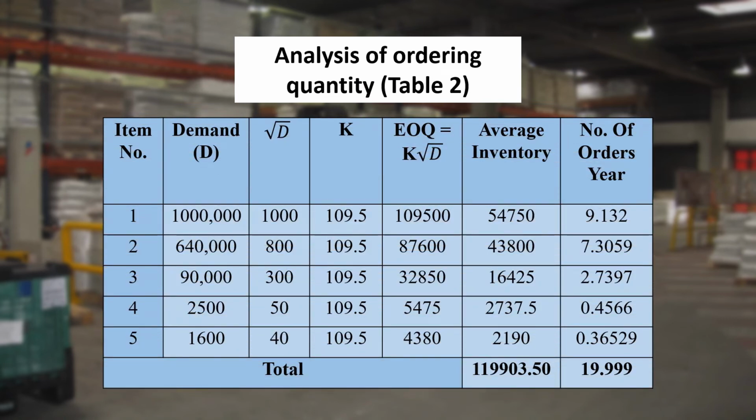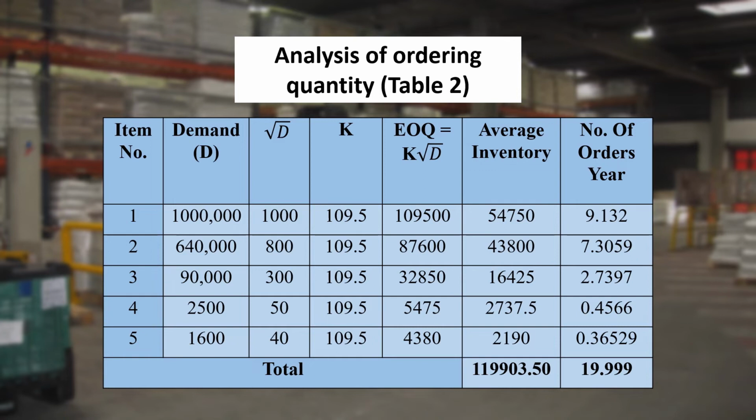Now if you look at the second table, where the values represent the demand and the K, average inventories and number of orders per year, you can see on the two rightmost columns that average inventory is coming out as in total 119,903.50, and number of orders is 20.